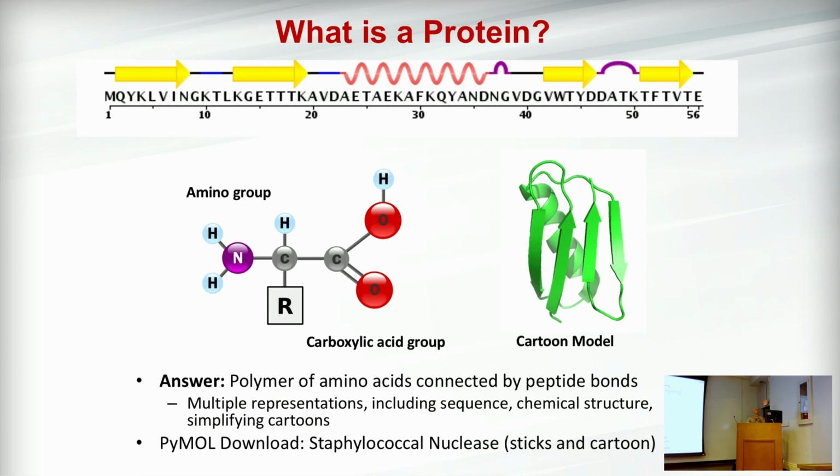Now you will see protein nomenclature done in a number of different ways. You might see it like this top piece where you have a little bit of a line. Remember, it's a polymer, a little bit of line, and then an arrow, which is called a beta sheet, and maybe another little loop and a beta sheet, and maybe an alpha helix.